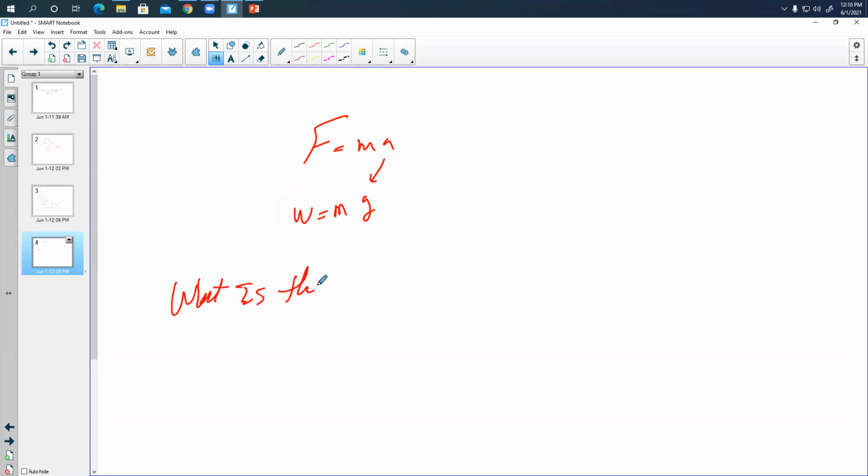So if I tell you, what is the weight of a 5 kilogram mass?